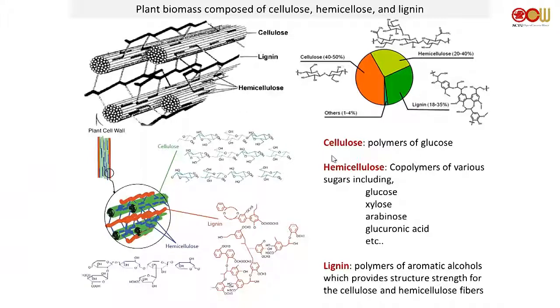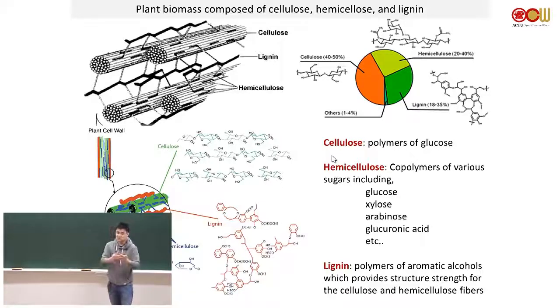It turns out it's because of the lignin. Lignin is not very easy to degrade, for obvious reasons: it's aromatic. You remember from organic chemistry, doing chemistry on benzene is not very easy, because benzene is super stable. If you want to do any reaction on it, it's not an easy thing to do.